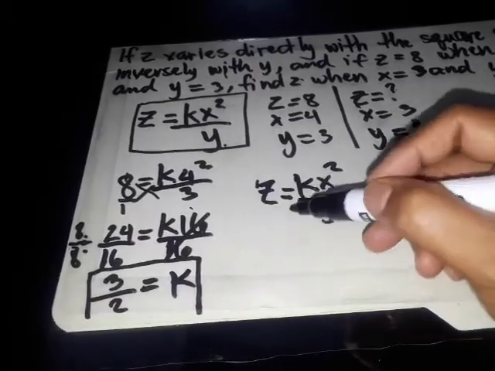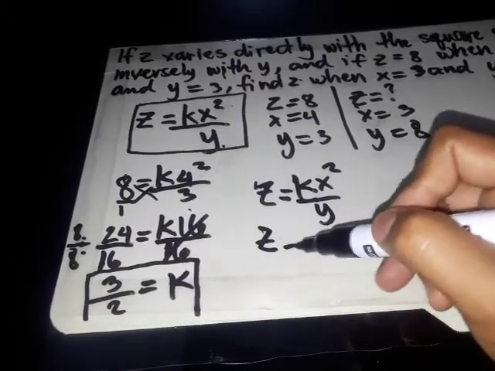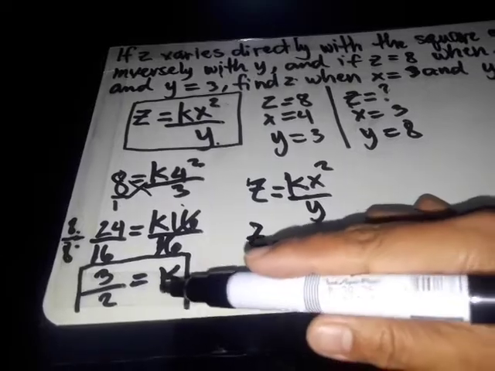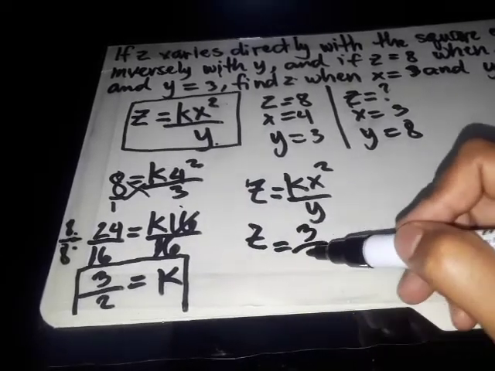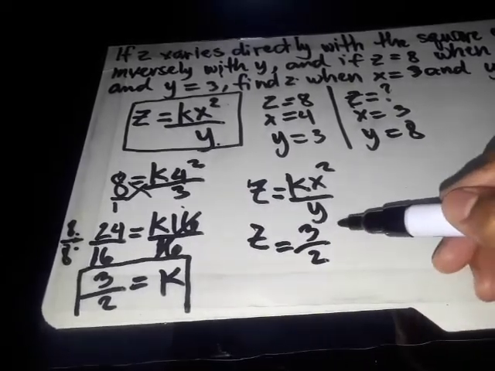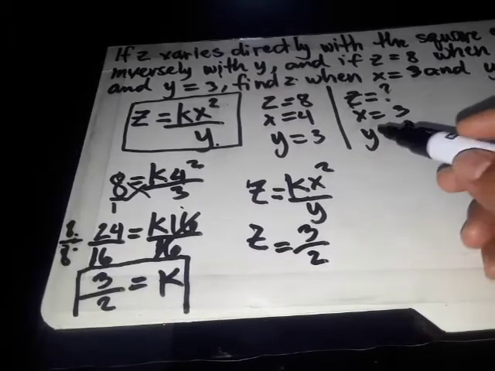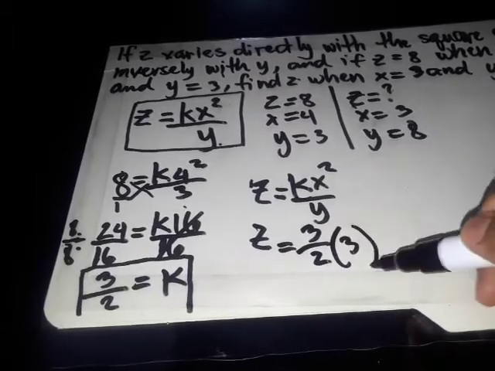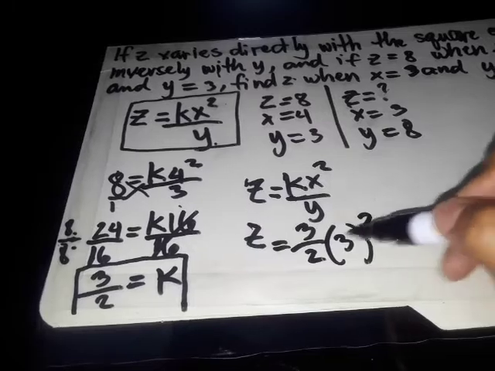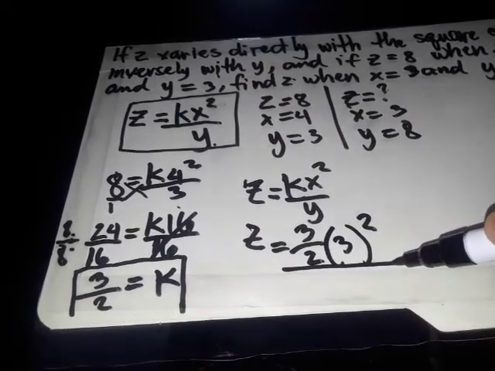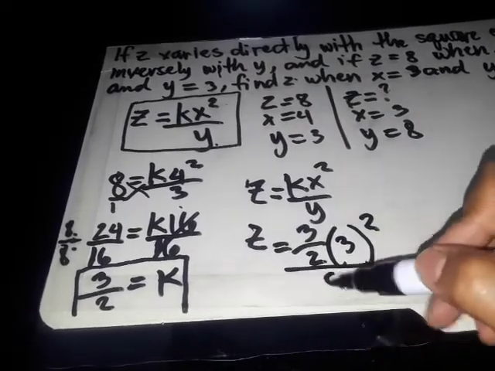Okay? So, ang Z, kopyahin. And then, ang K natin ay 3 halves. And then, ang X natin ay 3 squared. All over, ang Y natin ay 8.